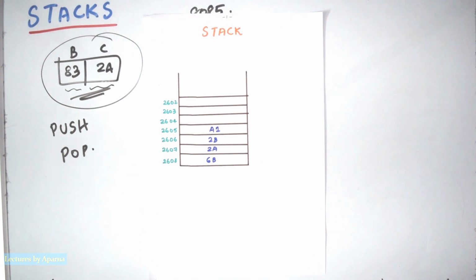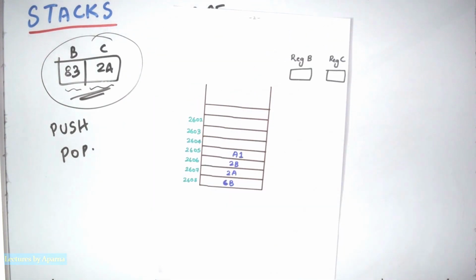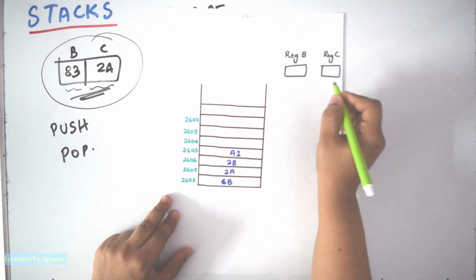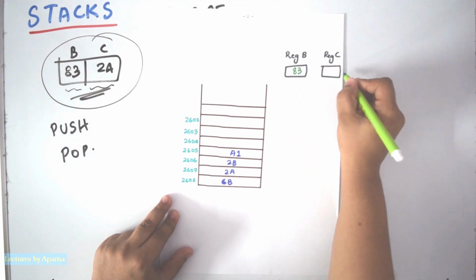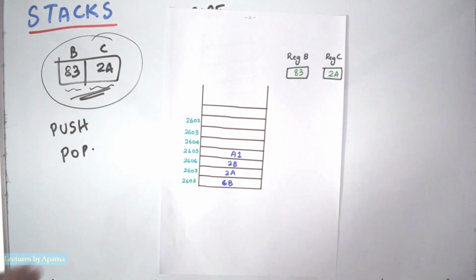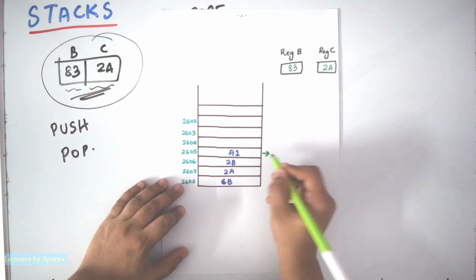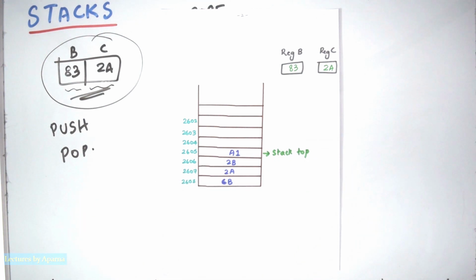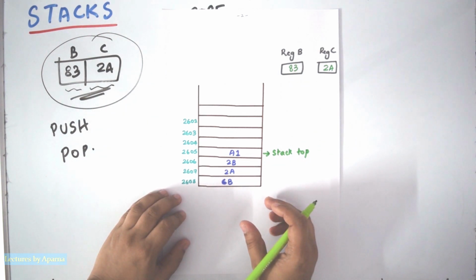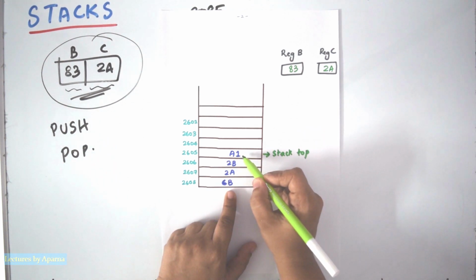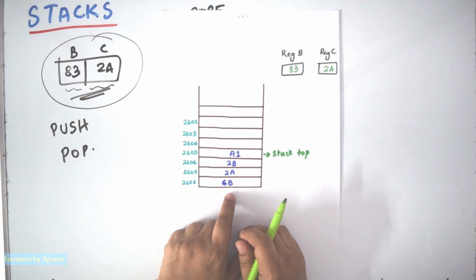Now, if I am having the register pair BC, let the content in register pair BC be 83 and 2A. This is the stack top. Stack top means it is the portion where the last data is saved in the stack.